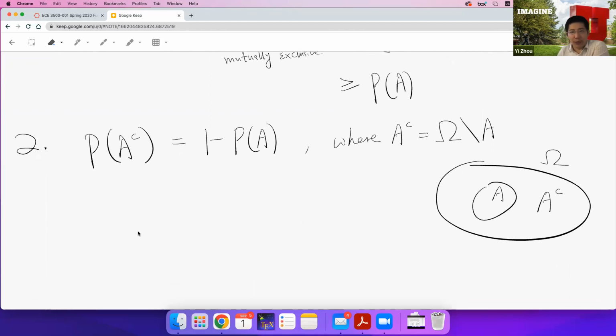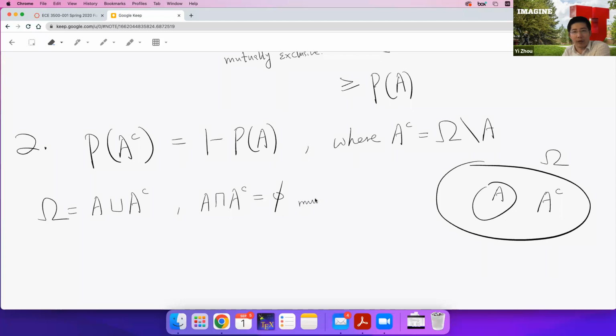But how do we prove this using the probability axioms? What is the key structure here regarding A and A complement? Yes, they are disjoint, mutually exclusive. Omega is actually A union with its complement, and they are mutually exclusive.